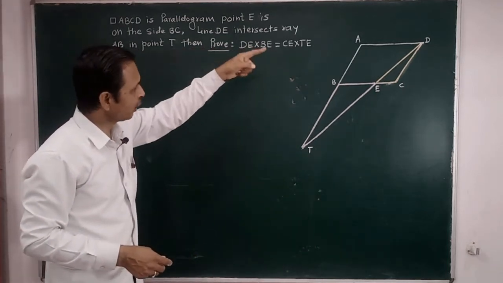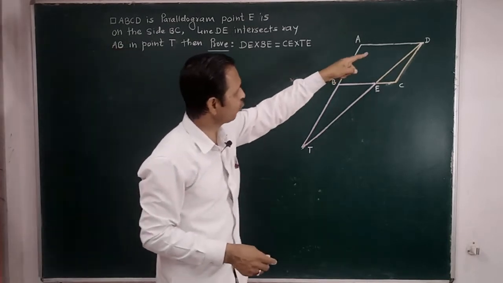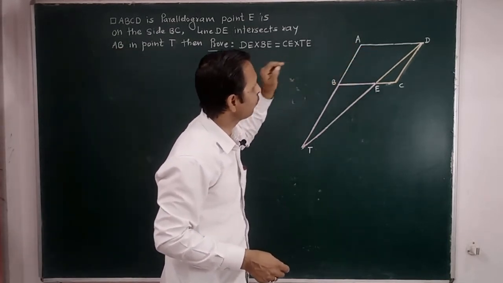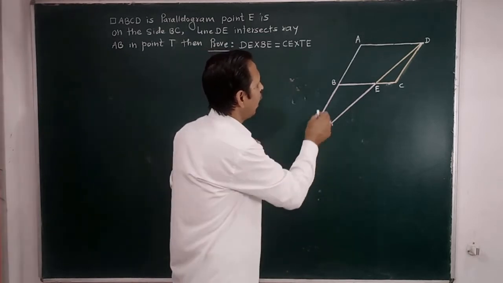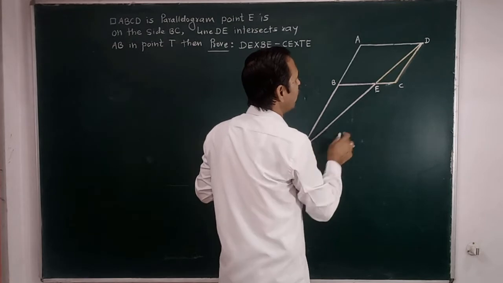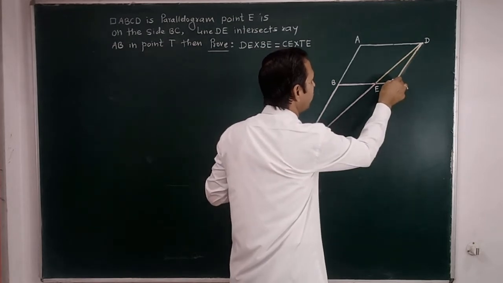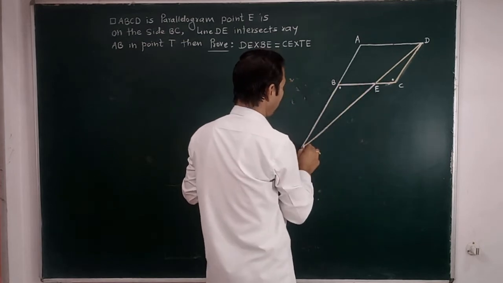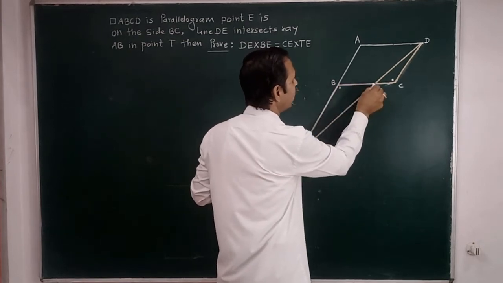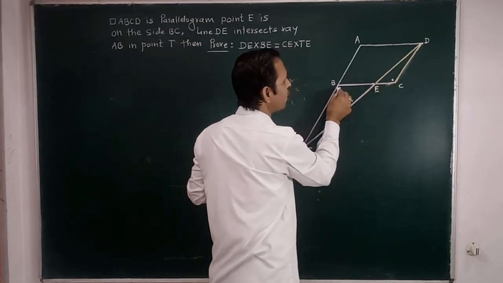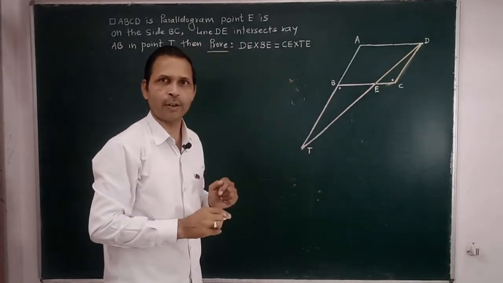If we take AB parallel to CD and BC as a transversal, then angles TBE and DCE are alternate angles.